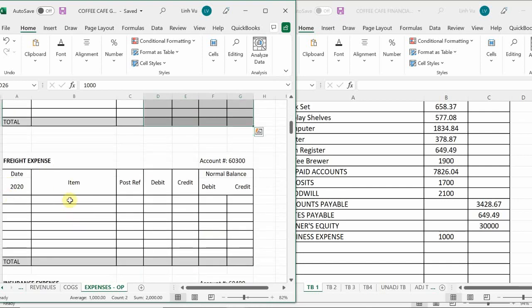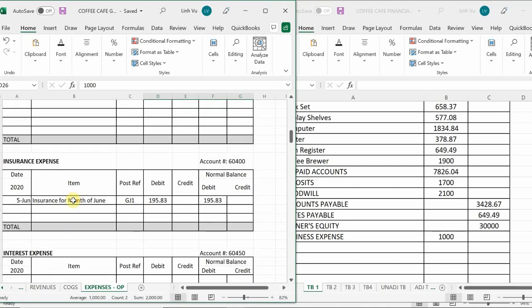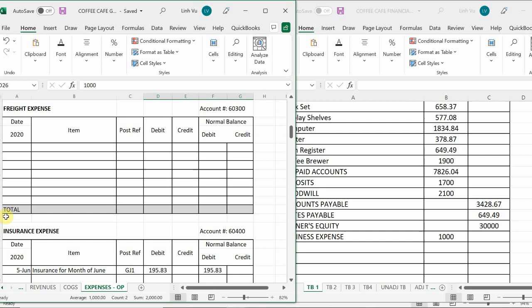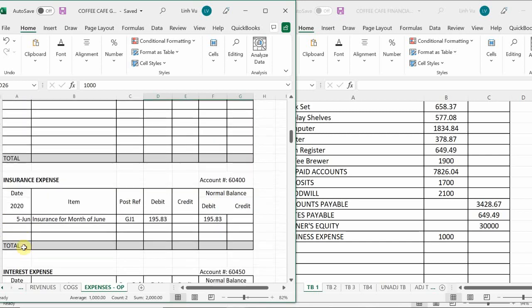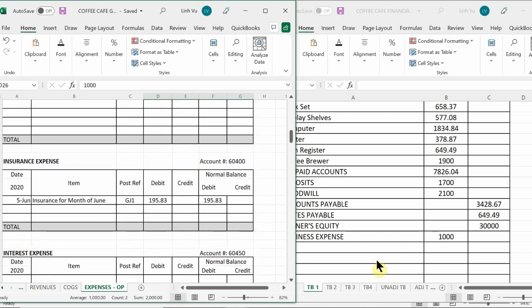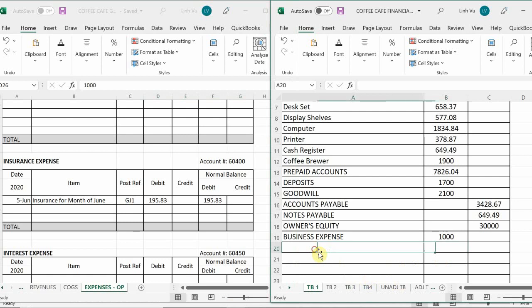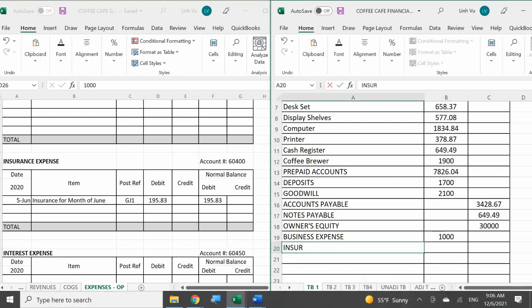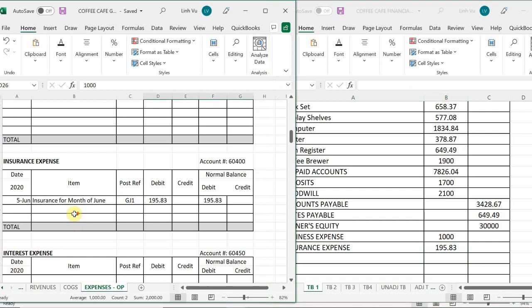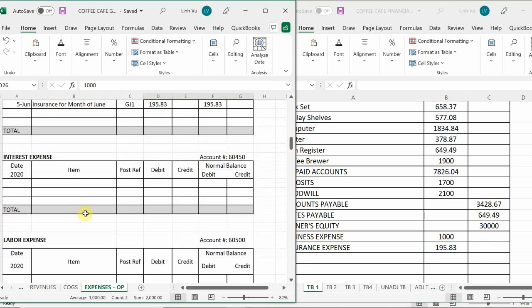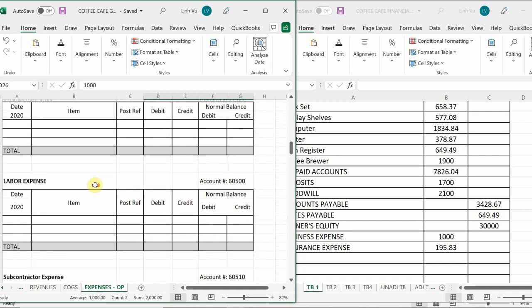Freight expense, we haven't purchased inventory yet. Next one we have here is insurance expense. Okay. Yes, we did buy insurance, and for the month of June, it's going to cost me $195.83. Okay. Did we incur any interest expense? Not yet. Okay.